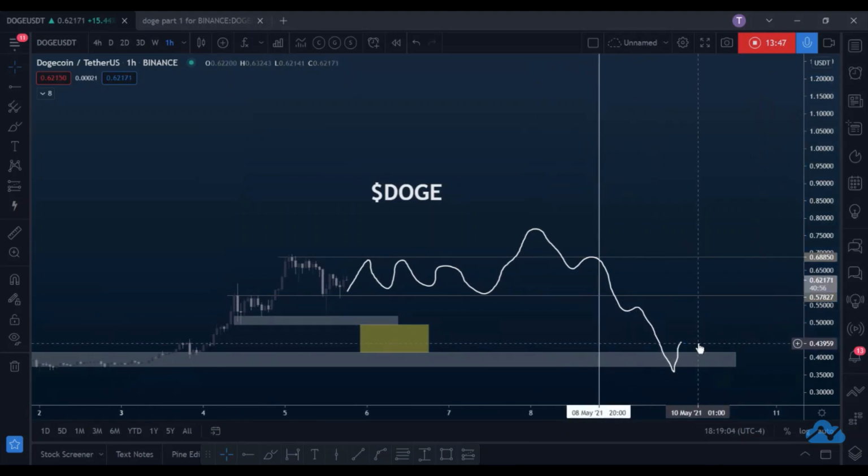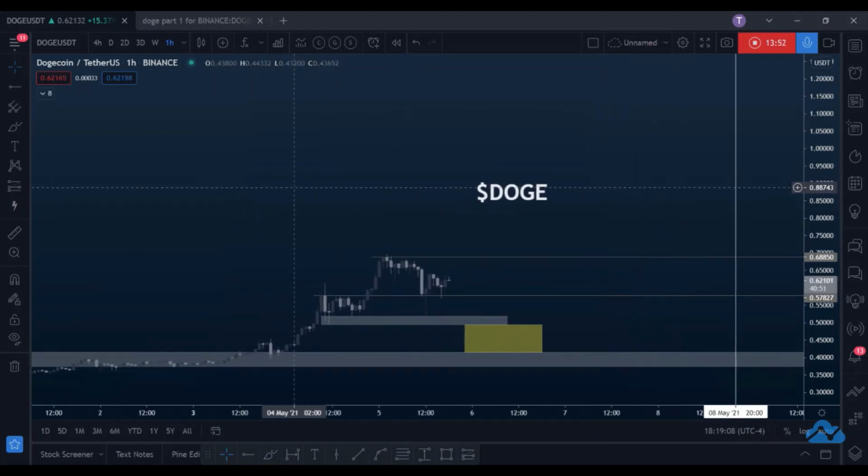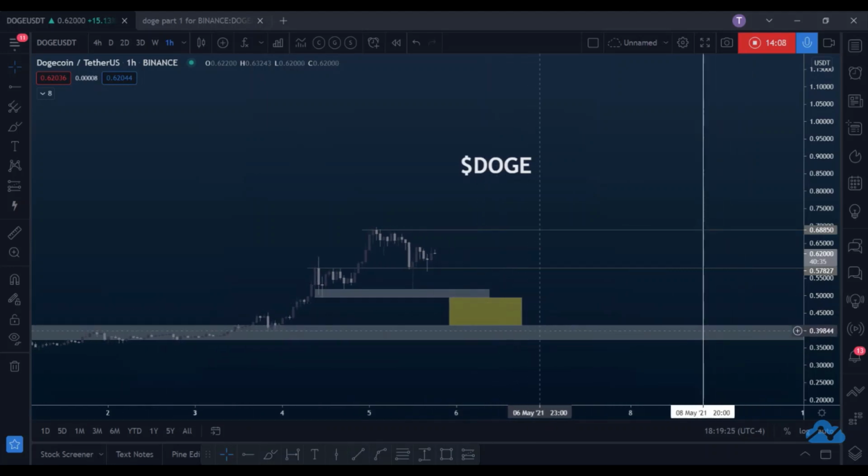It's really just that you try to break down the chart, you try to understand it, and then you make a plan for the future, so that if something happens, you're ready to react to it. And if it doesn't happen, you adapt your strategy. Right now, I am preparing for price to dump to below 40 cents, which I will then buy.